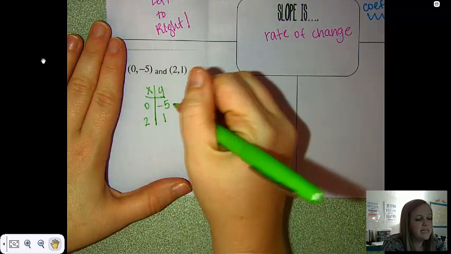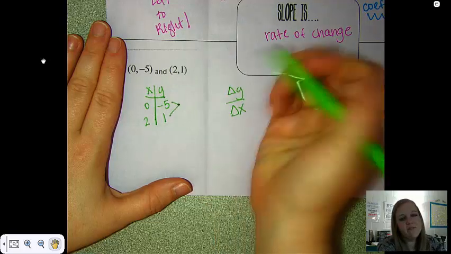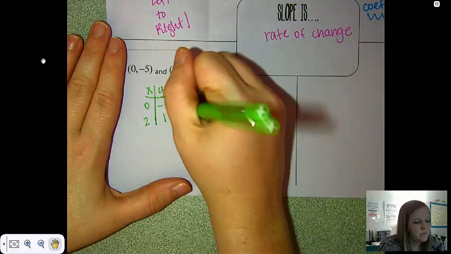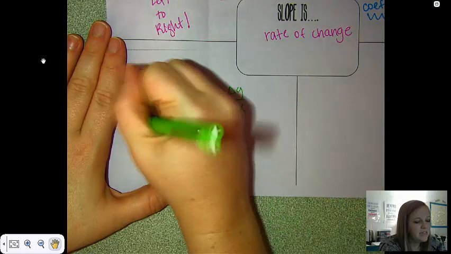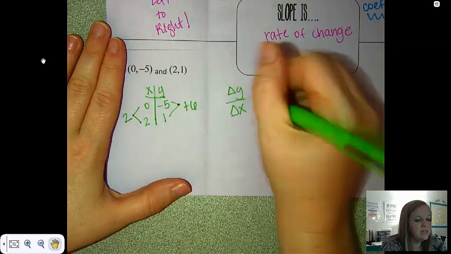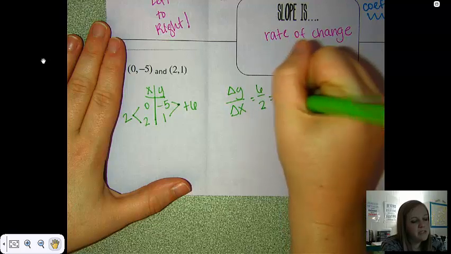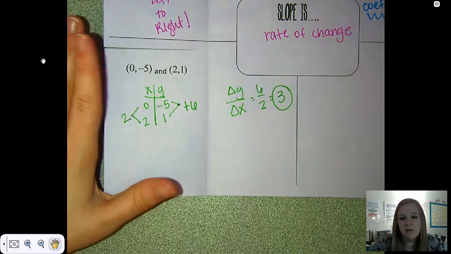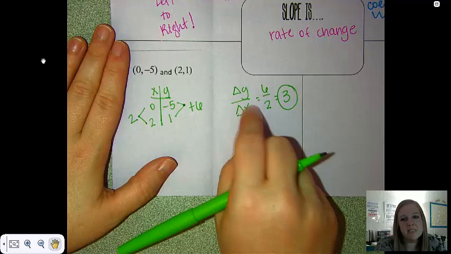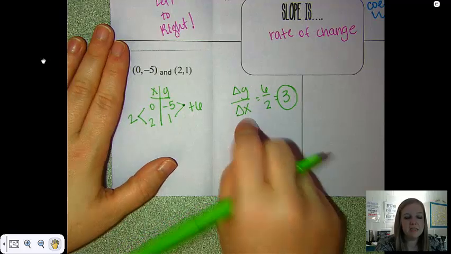So I would say that my delta y from negative 5 to positive 1 is plus 6. My delta x is plus 2. So delta y over delta x is going to be 6 over 2, which simplifies to 3. So when we have 2 points, it's the change in y and the change in x.